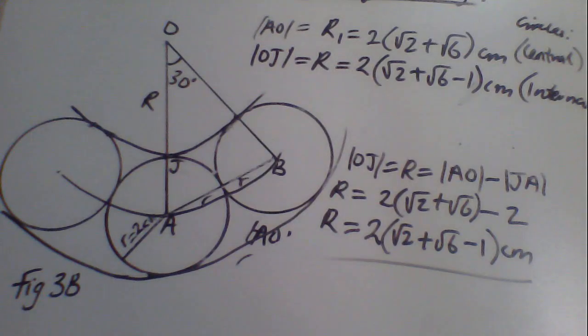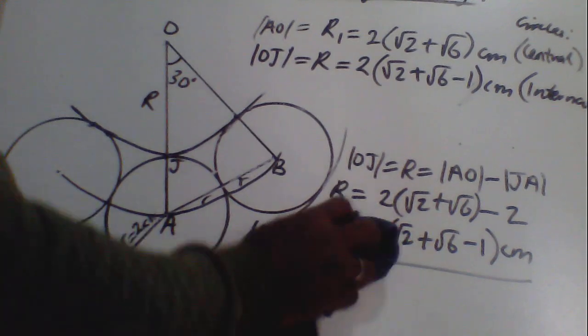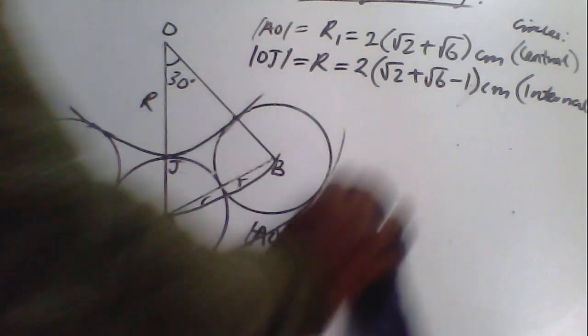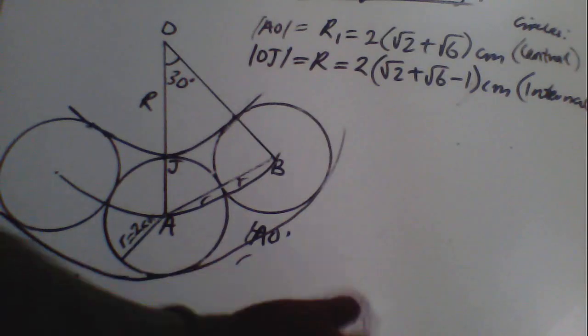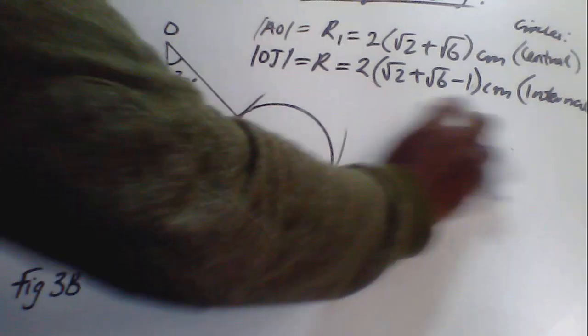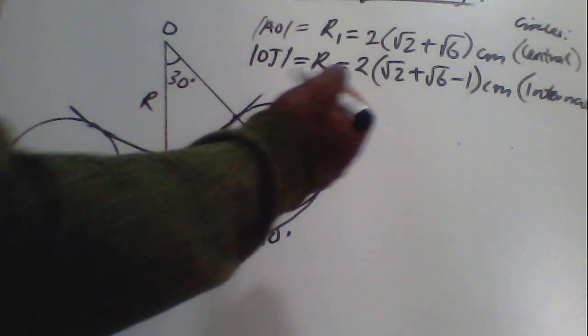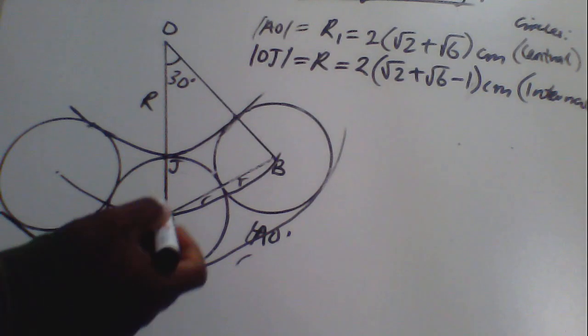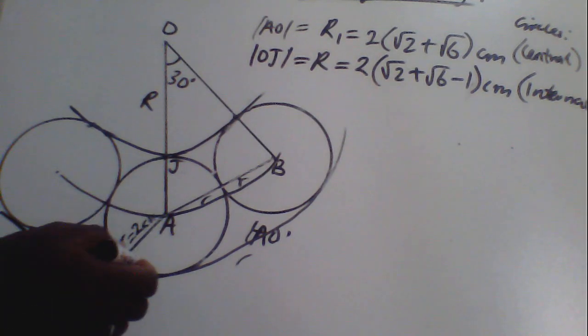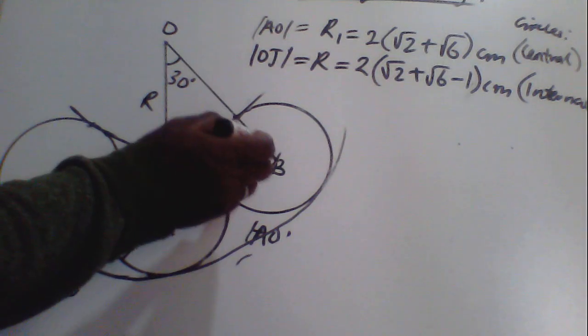So the next is to find the radius of the external circle that is formed when we draw a circle, or circumscribe the similar circle, by drawing a circle externally which touches the similar circle at only one point. Mind you, this is a straight line, so you can draw this line.